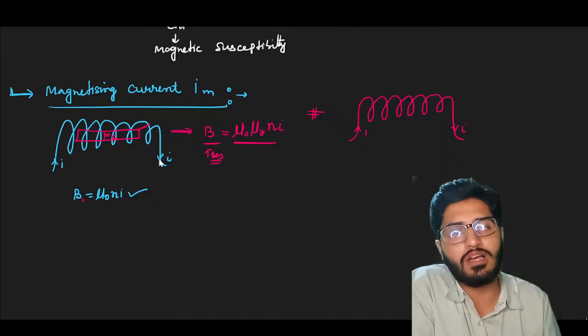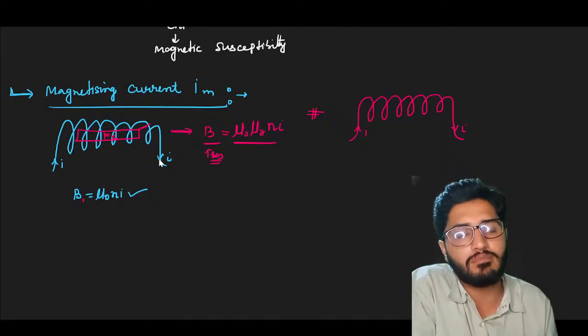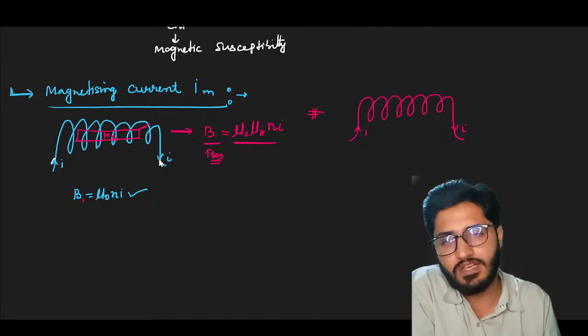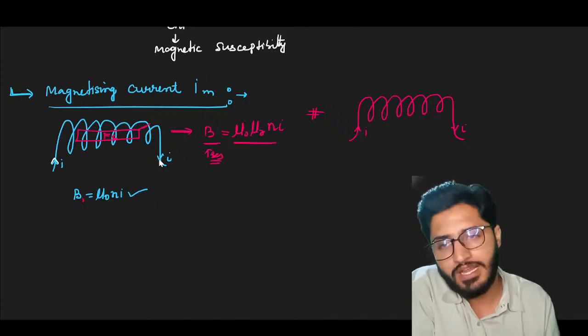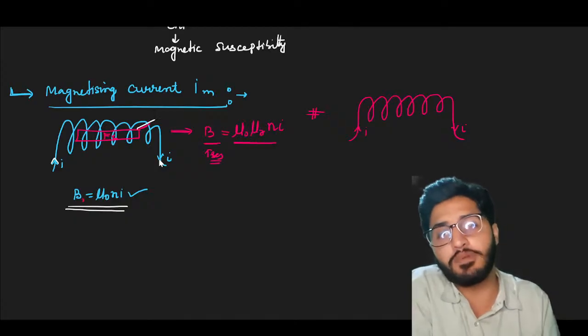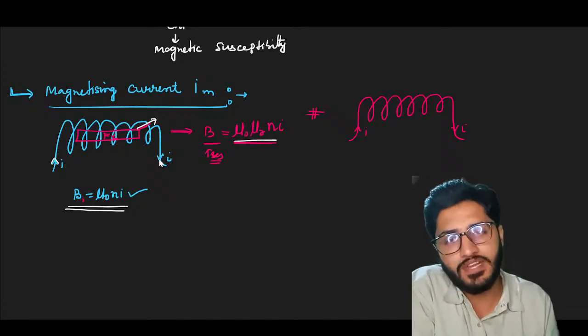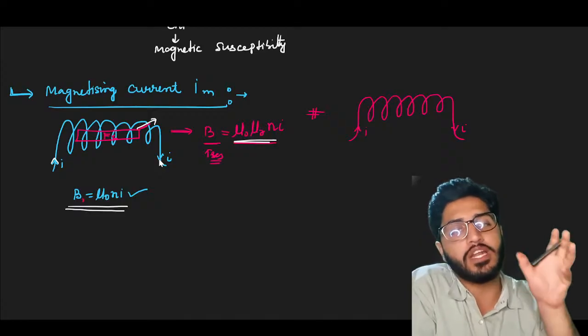Here we have a coil, so current is flowing through this loop and my magnetic field is like this. I increased its magnetic field by inserting a ferromaterial. But now I want to increase it without putting any ferromagnet inside.